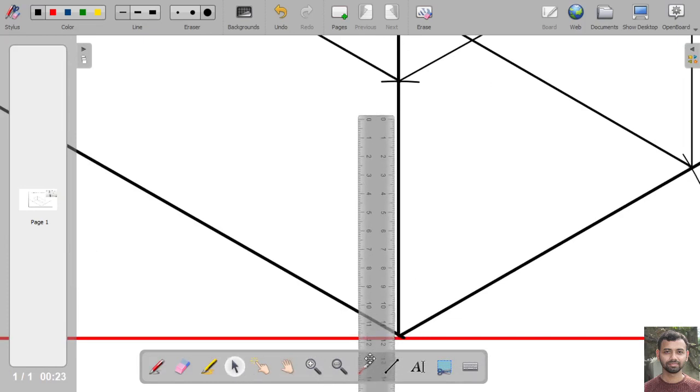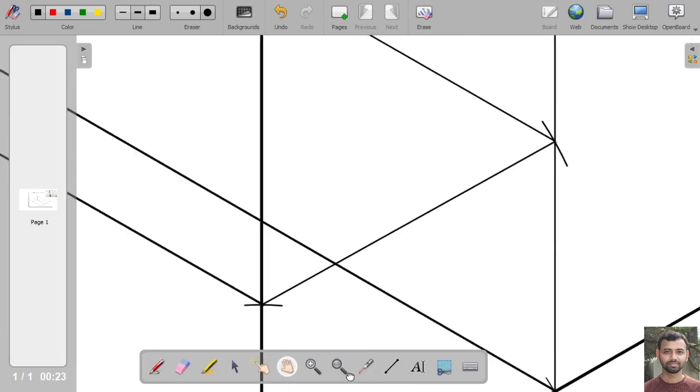With the help of the scale, we can measure 30 mm. Now we can locate that point. Okay, so it is 30 mm height.